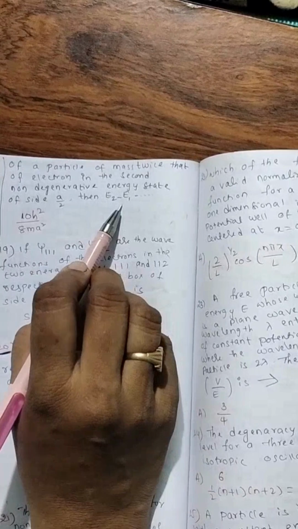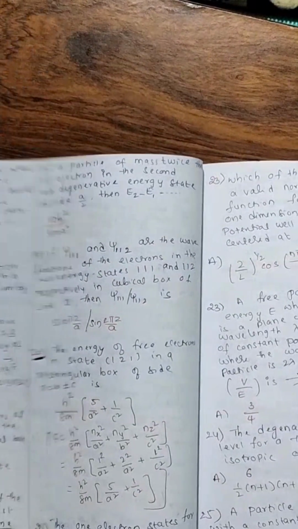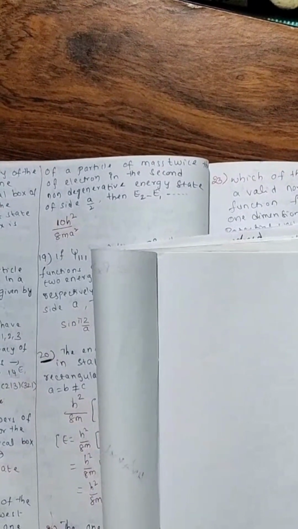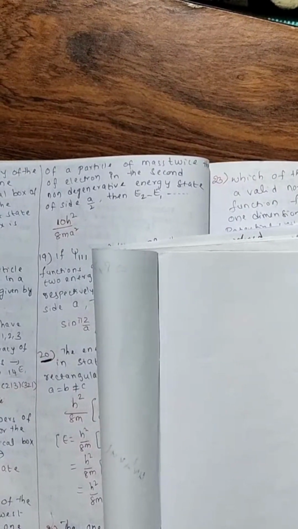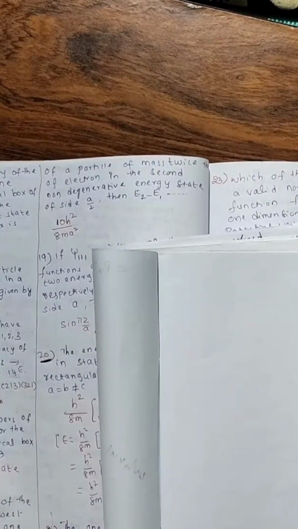Right? E2 minus E1. So first, in the question he said E1 is the energy of the electron in the 6-fold degenerate state of 1, 2, 3 in a cubical box of side a. Okay, first let us write E1.